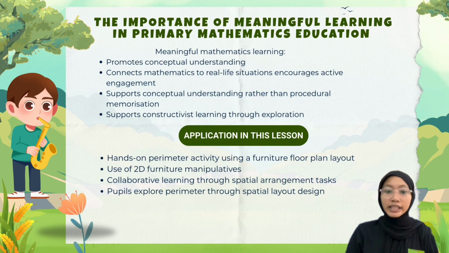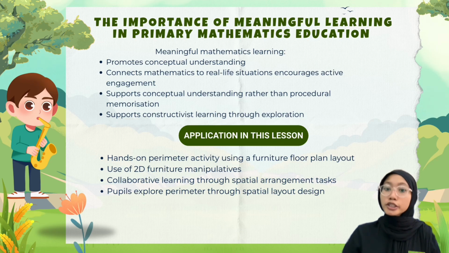Third, the activity promotes collaborative learning through spatial arrangement tasks, where pupils explore how different layouts affect the perimeter. Finally, pupils explore perimeter through spatial layout design, which helps them connect geometry concepts with real-life space organization.